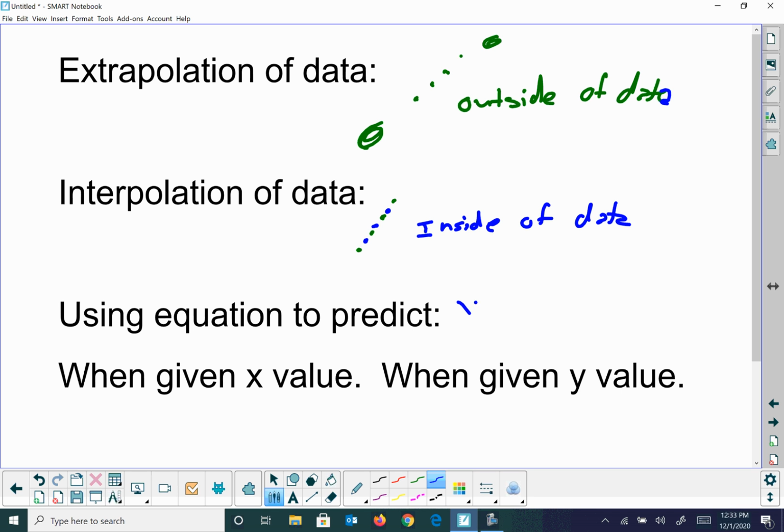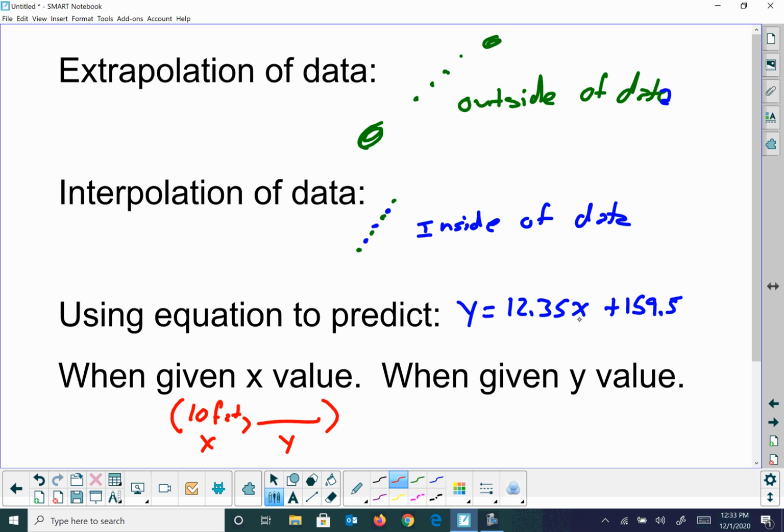Let's say we have y equals 12.35x plus 159.5. If I was given an x value, let's say we want to pick 10 fat. Okay, so that's an x value, and we want to solve for a y value.